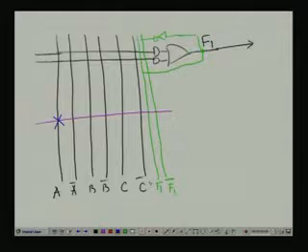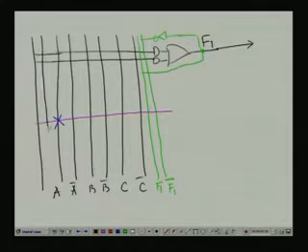So, I need another input D and D complement. So, this is my D, this is D complement. So, this is my AD. Another is BD.